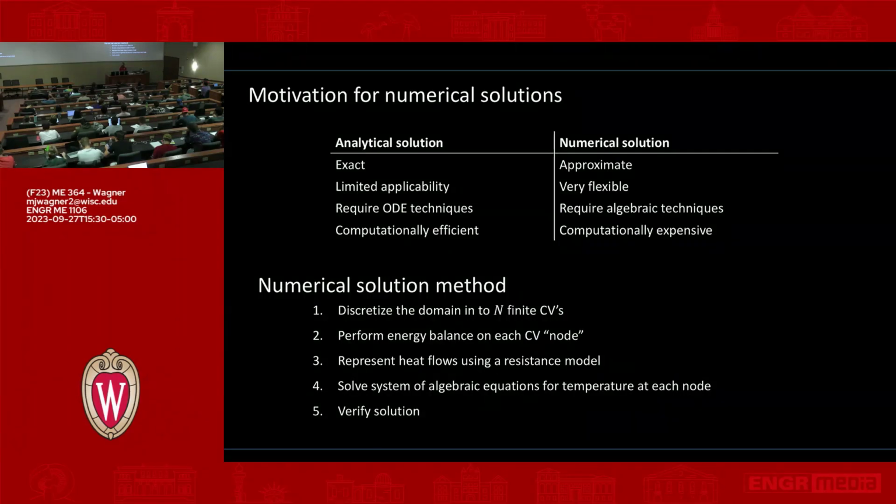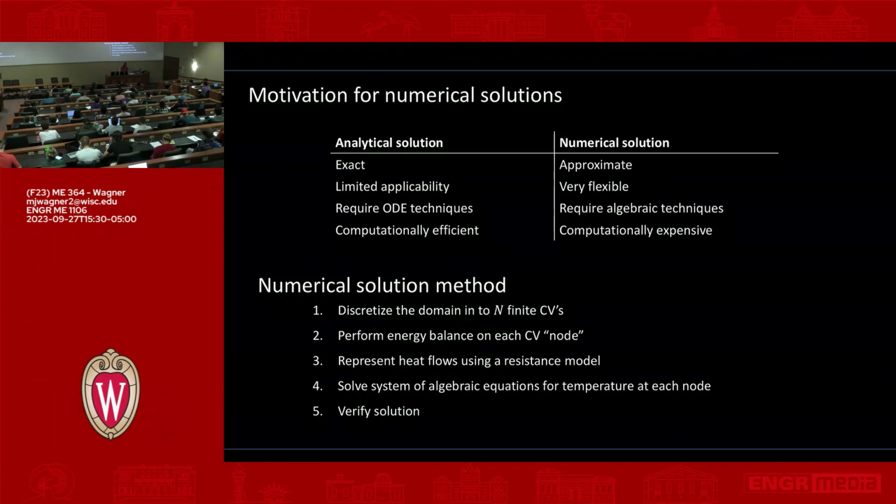Numerical solutions are approximate. There's always going to be some error involved in your numerical solution. That error gets better if you use more nodes, more computer power, but it's always an approximate solution. Analytical, very specific. There's limited cases where you can deal with it. Numerical, you can pretty much do any problem that you can come up with.